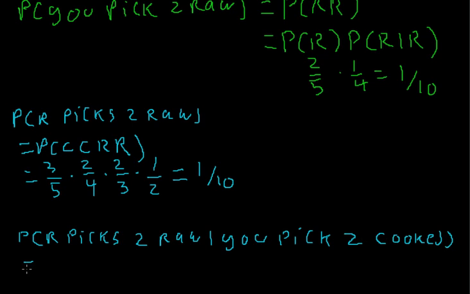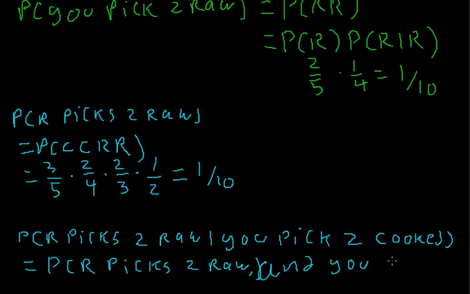Because it's this times the probability that you pick 2 cooked, right? Because this is the probability the roommate picks 2 raw and you pick 2 cooked.